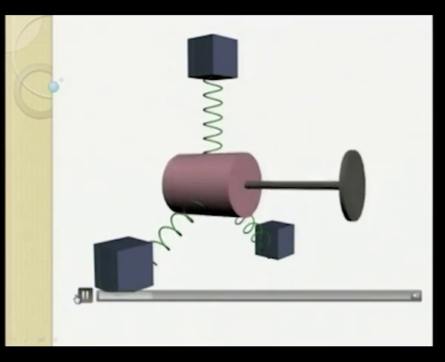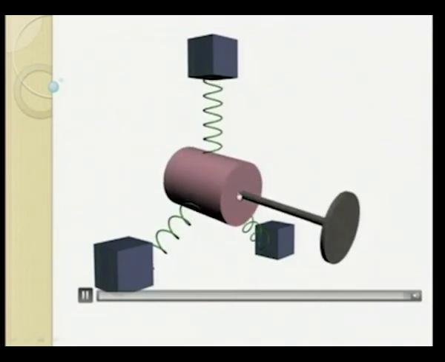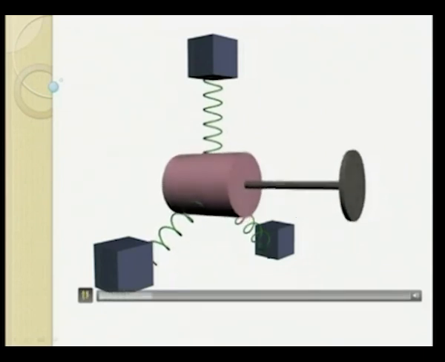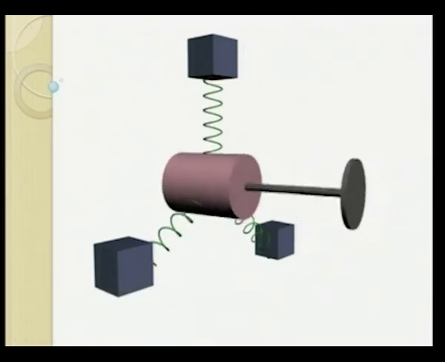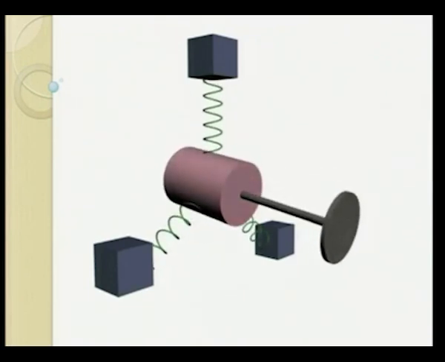Generally this shaft will be rotating at very high speed, but the whirling of the whole rotor system, along with the motor, will be slow. Again, we can see this animation once more. Here you can see the whirling frequency and the spin frequency are different.